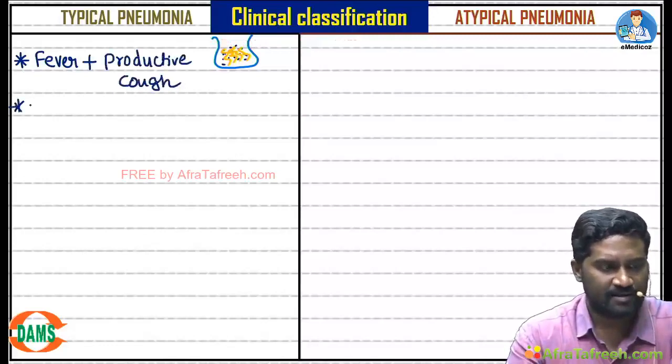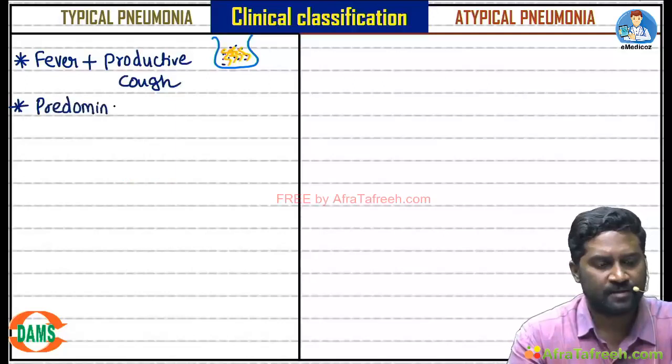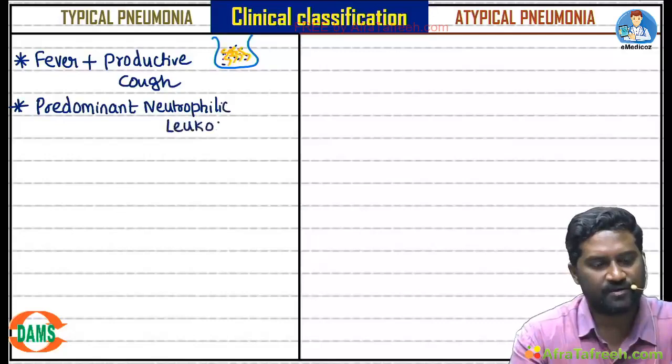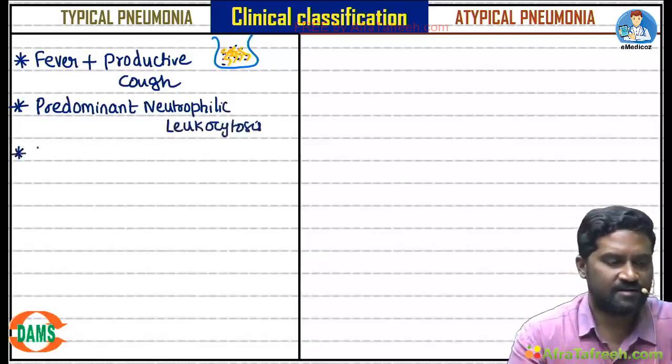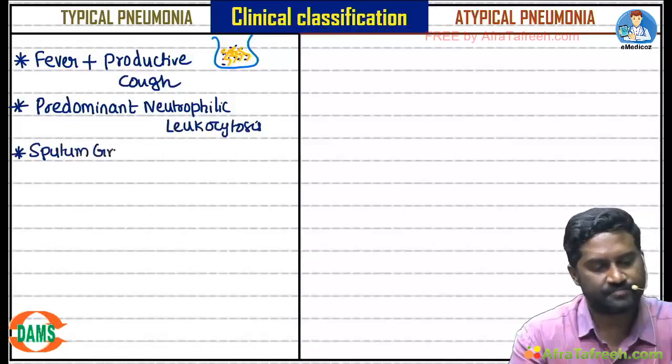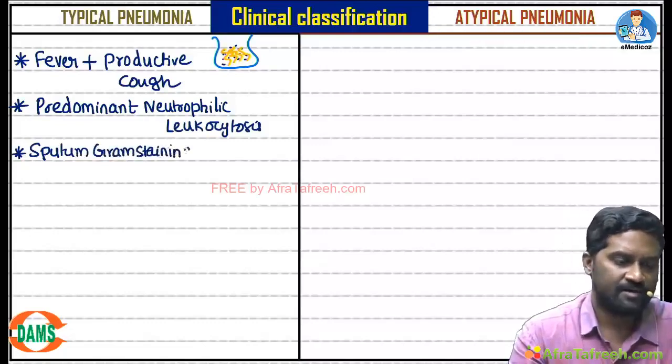Like any other infection, there will be predominant neutrophilic leukocytosis. Now if you collect these secretions and see under the microscope, sputum gram staining, because the alveoli contain organisms, there is sputum.